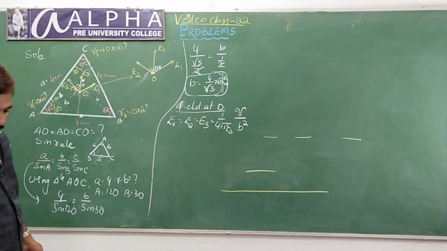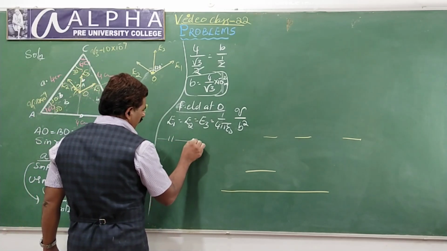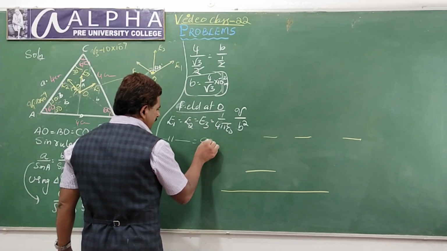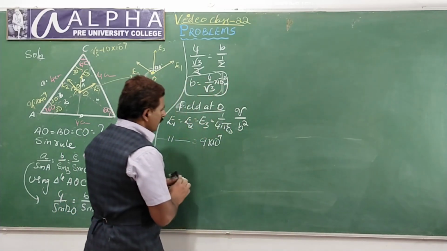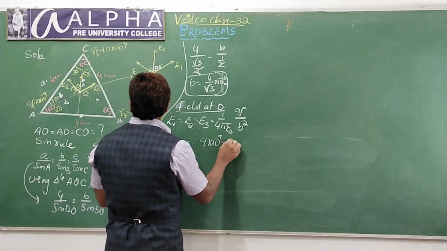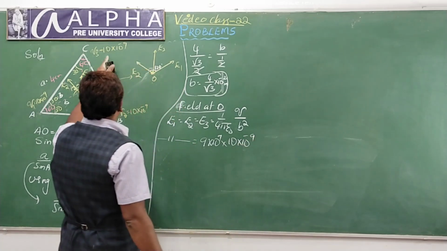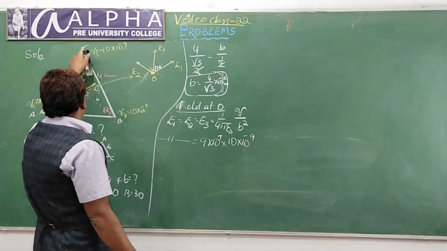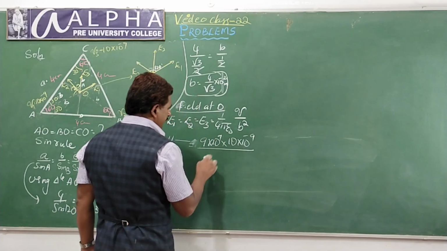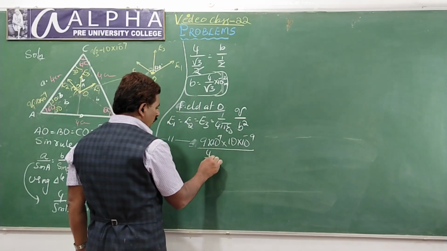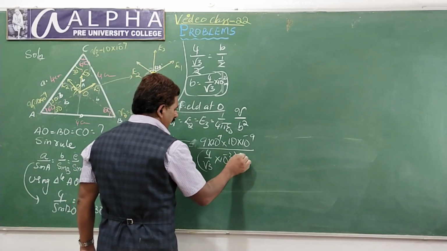Write that value, very easy. What is 1 by 4 pi epsilon 0? 9 into 10 power 9. What is Q? Q is 10 power minus 9. You don't bother about this minus. Minus sign means you have shown direction towards that charge. Direction is already considered for the minus sign. B, what is B? 4 by root 3, 10 to the power minus 2, whole squared.